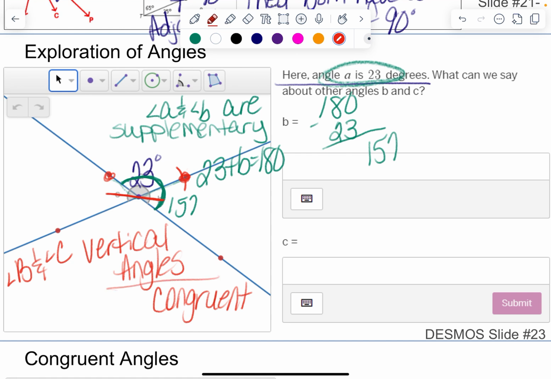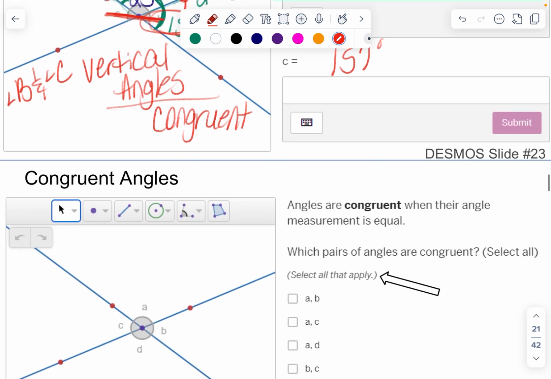So if angle B is 157, then angle C has to be 157 degrees. Again, those lines would have probably moved if we'd have been doing this with the Desmos. And I can send you the link and let you play around with it and see what I'm talking about.